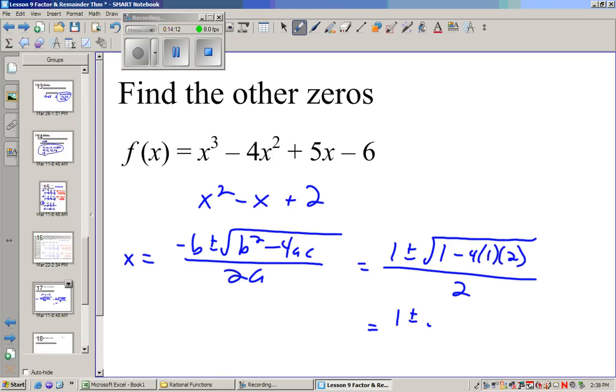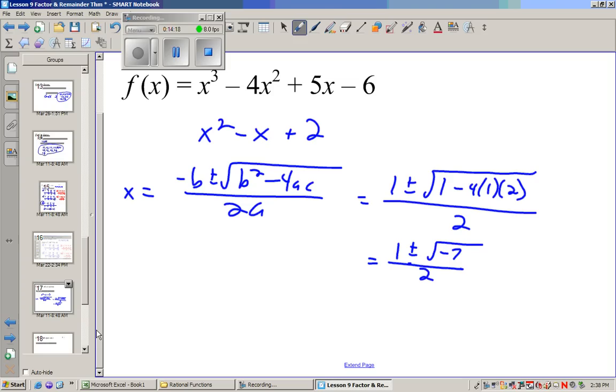So that's 1 plus or minus the square root of 1 minus 8, which is -7. So this can be written as 1 plus or minus i root 7 over 2.